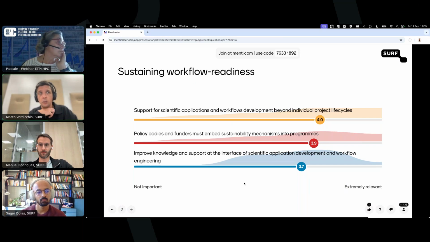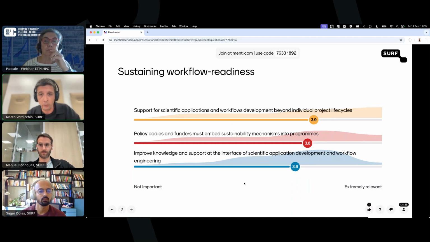And the last one, to improve support for workflow, really around promoting more the figure of the workflow engineer and a way of having support in that kind of aspect.